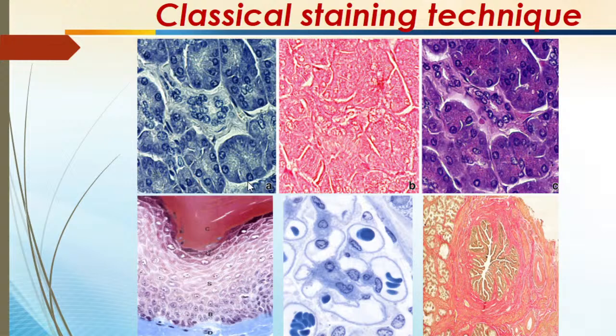Hematoxylin is a basic stain made from the Campeche tree, so it is a natural stain. The Campeche tree grows in Central Africa, and the cork of the Campeche tree is used to make hematoxylin.